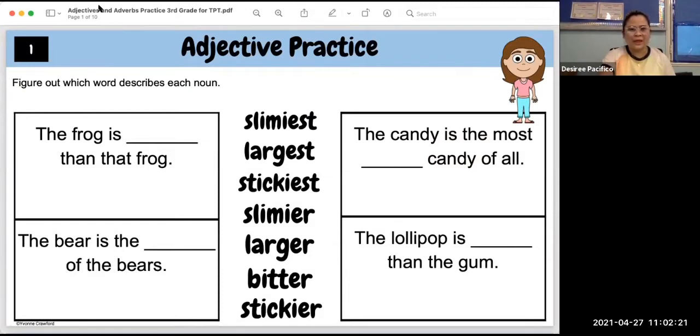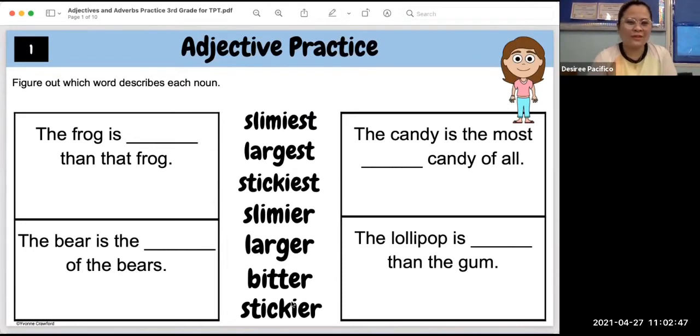Okay, let's figure out which word describes each noun. We have here the different adjectives: slimiest, largest, stickiest, slimier, larger, bitter, or stickier.